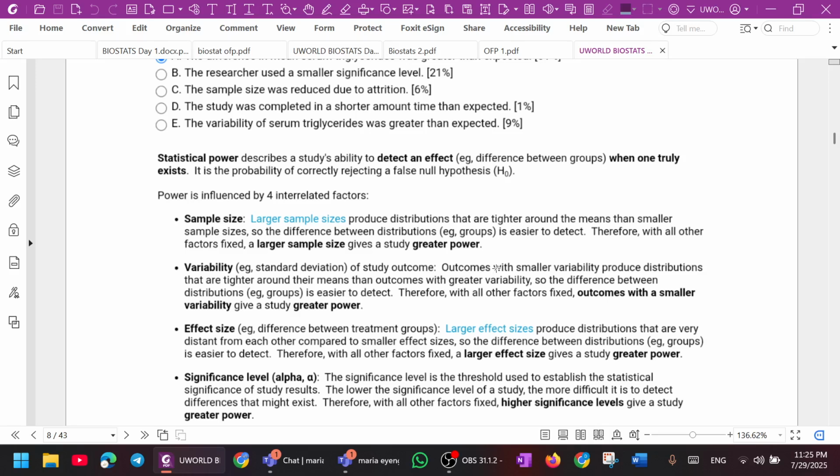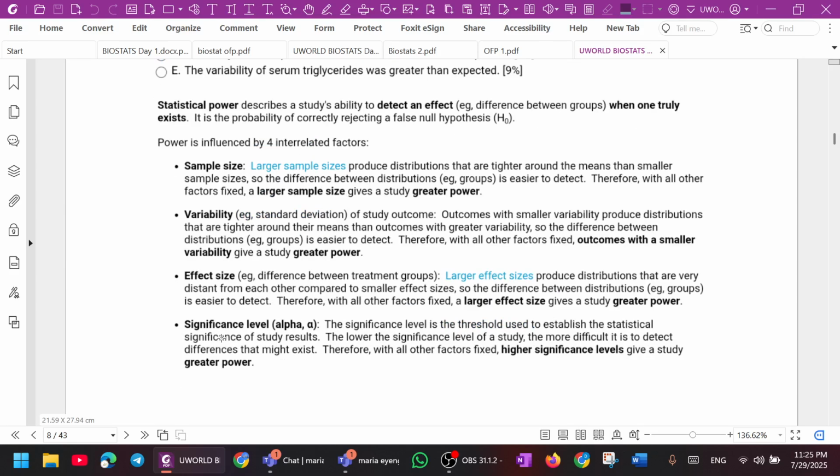So variability is inversely proportional. If variability is decreased, power will be increased. If variability is increased, power will be decreased. In case of effect size, the larger the effect, the larger the power. In case of significance level alpha, the significance is the threshold used to establish the statistical significance of the study result.